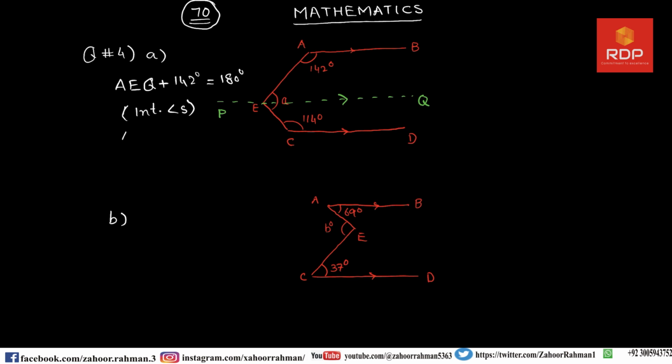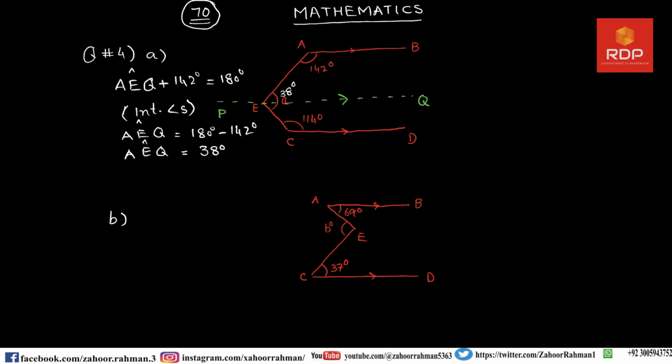Now AEQ is equal to 180 degree minus 142 degree, and when we calculate it, AEQ will be equal to 38. So we found the first area, and that is 38 degree.